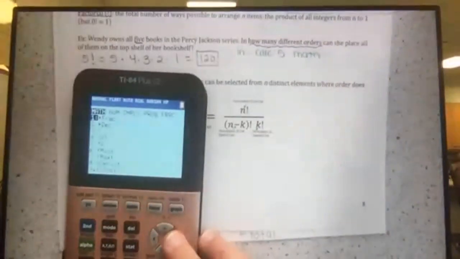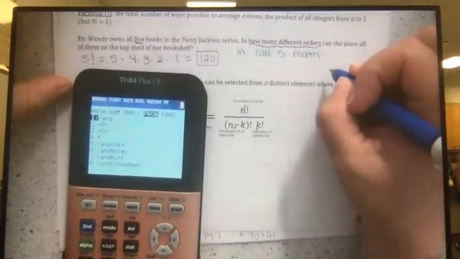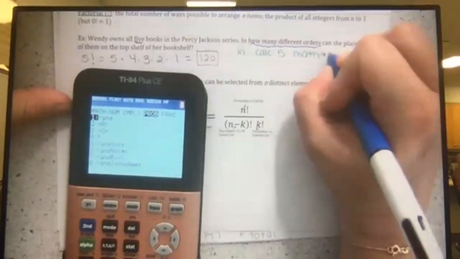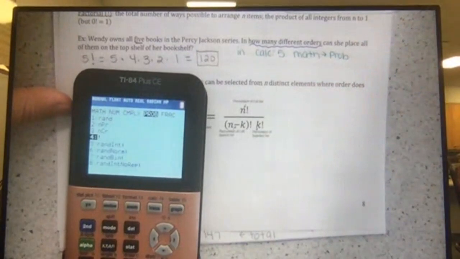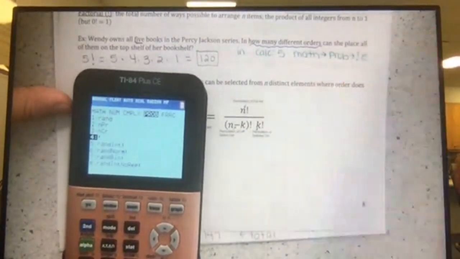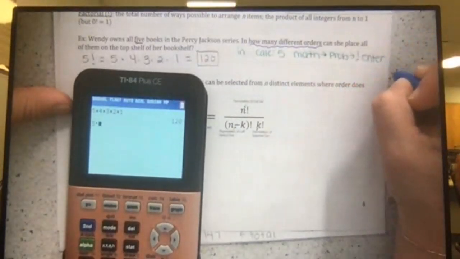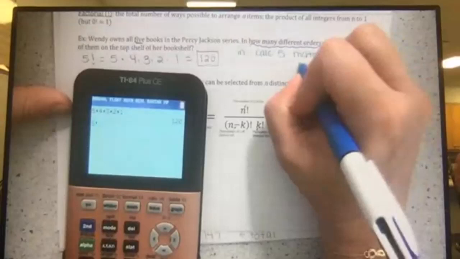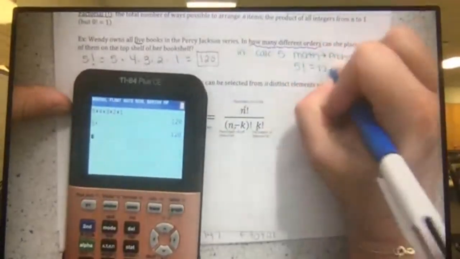We're talking about probabilities, so use your arrows to scroll over to probability. Go down to number 4, which is our exclamation. Press enter. So that will give us 5 factorial, which equals 120.